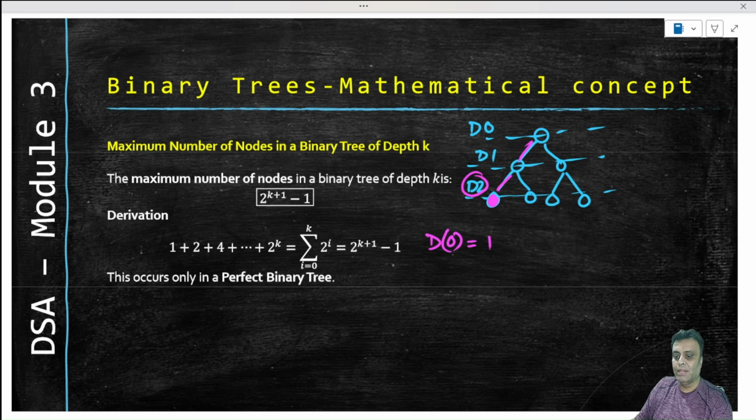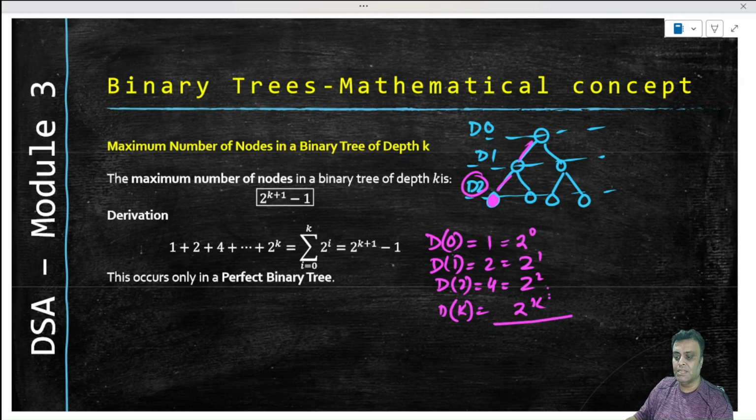In depth 1, what is the maximum number of elements possible? We had already established in the last example that depth 0 is 2 to the power 0. In depth 1 we have 2, which is 2 to the power 1. In depth 2 we have 4, which is 2 to the power 2. Therefore at depth K it will be equal to 2 to the power K, right?